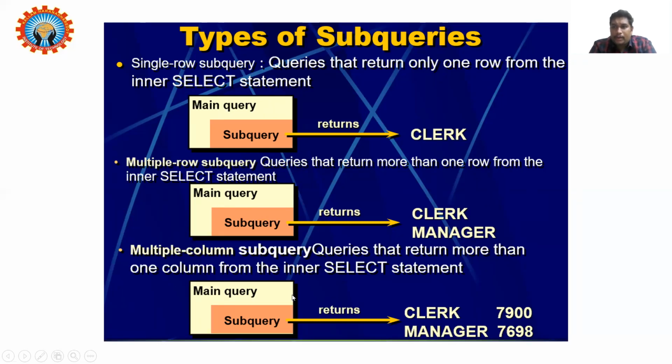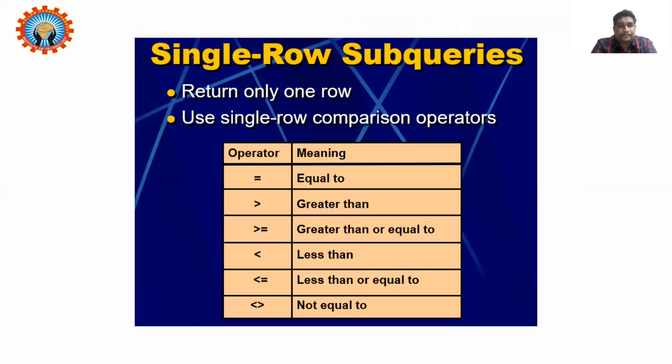If you are retrieving more columns, use a multiple column subquery. If you want two or more rows, use a multiple row subquery. If you want only one particular row, use a single row subquery. I hope you understand.